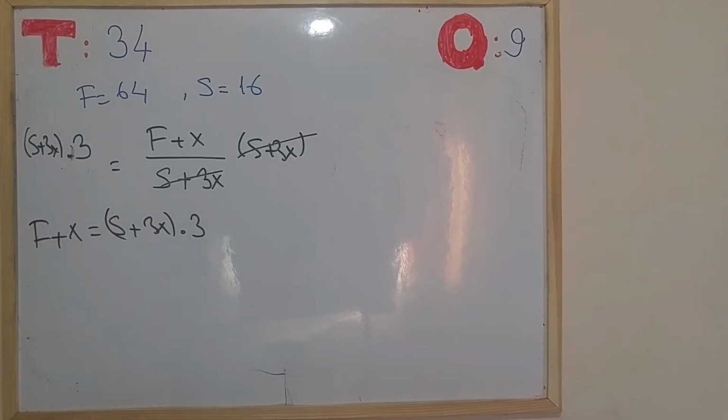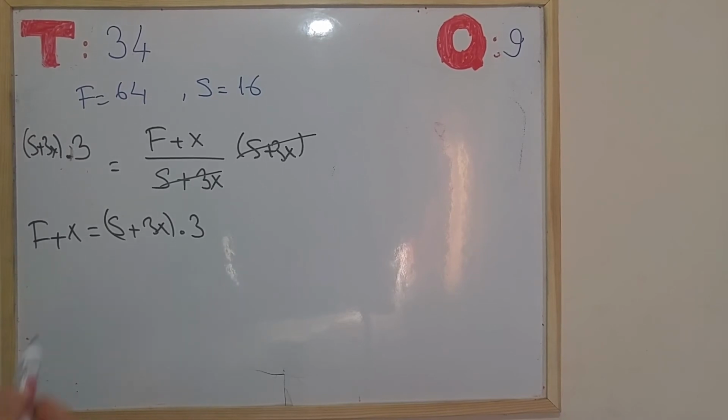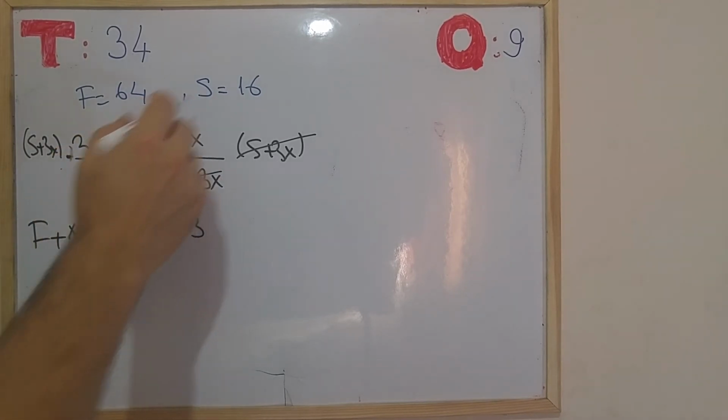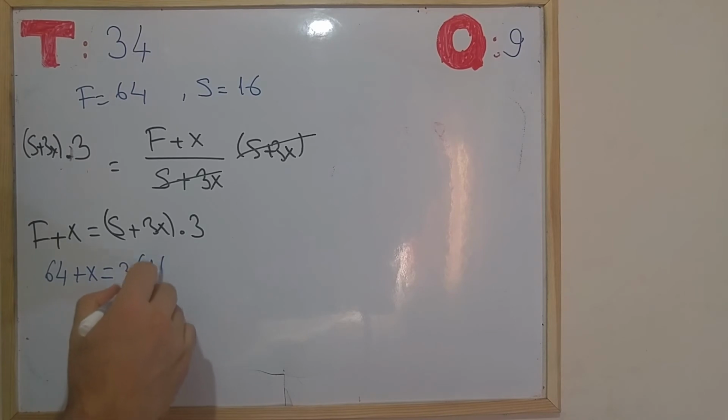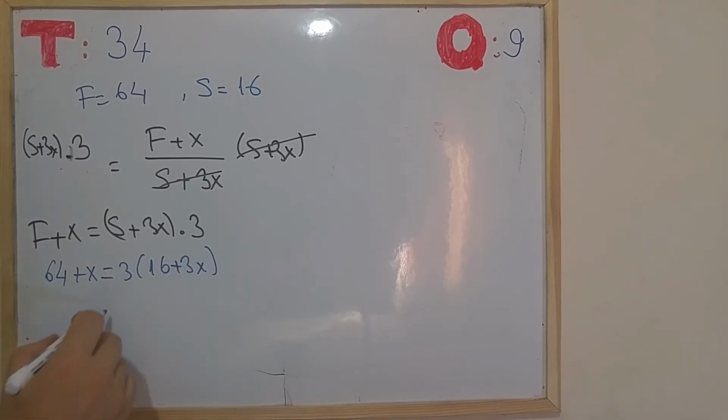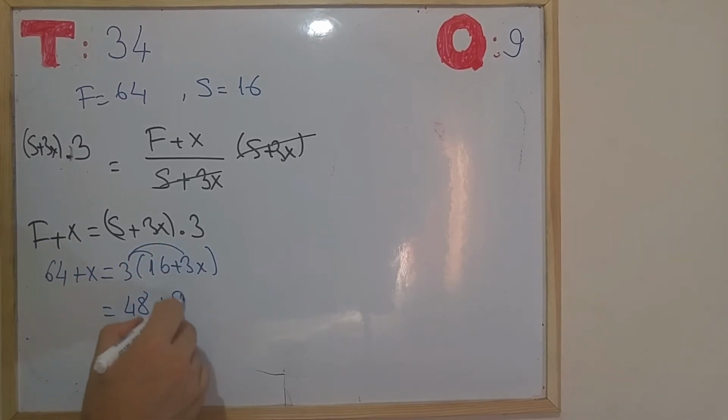Now I can replace f and s with numbers. F is equal to, as we remember, 64, so 64 plus x is equal to 3 times 16 plus 3x, which is going to be equal to 48 plus 9x.